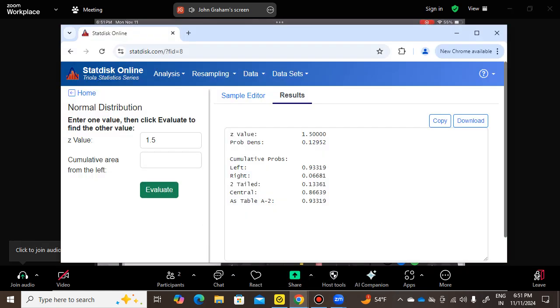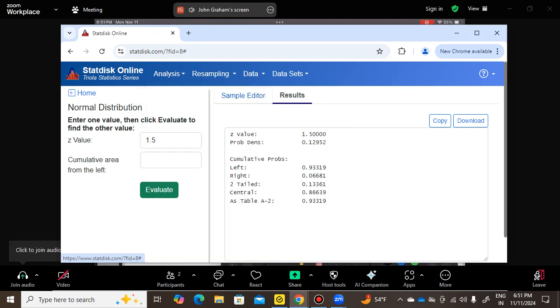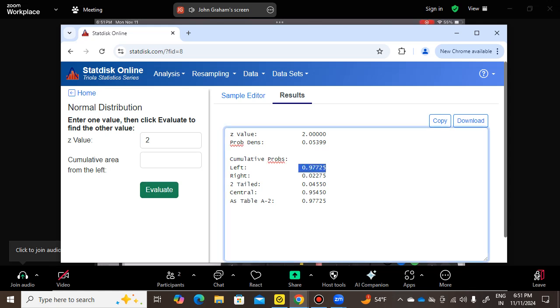Just like before, we go to Analysis, Probability Distribution, Normal Distribution, and it opens up. Put in the z value of 2, and we get the probability greater than, to the right, of 0.02275, or 2.3%.